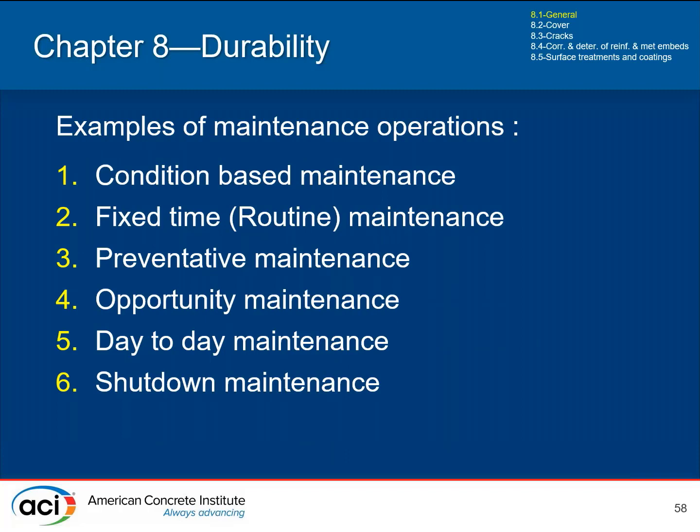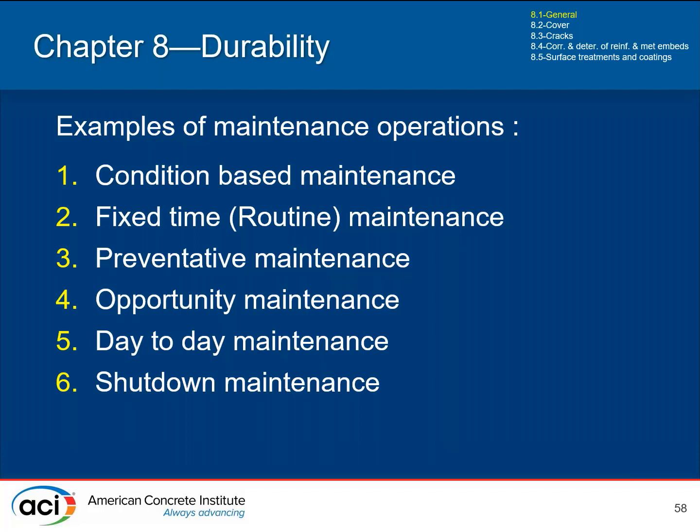There are a lot of different things that go into maintenance, and it varies from your day-to-day, like sweeping it down, to something that can be done on an annual basis, like washes, to more intense activities during a shutdown. It includes all of that.